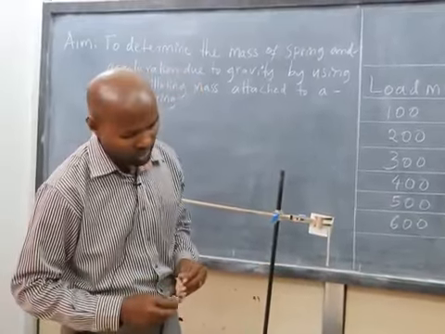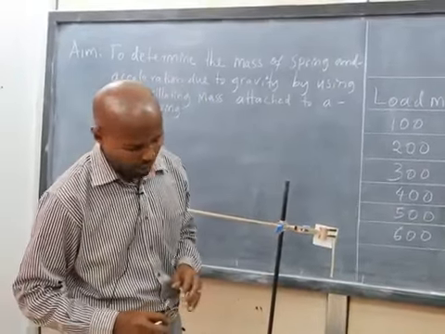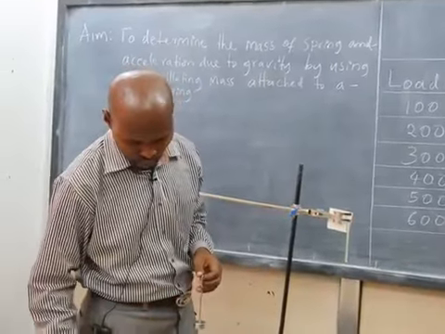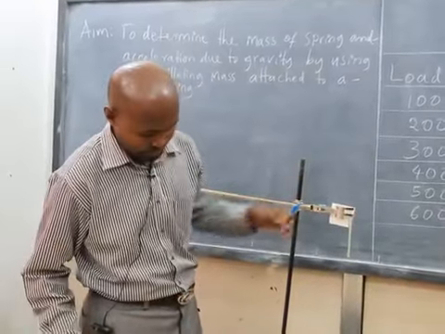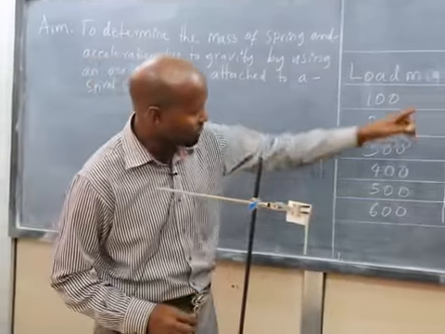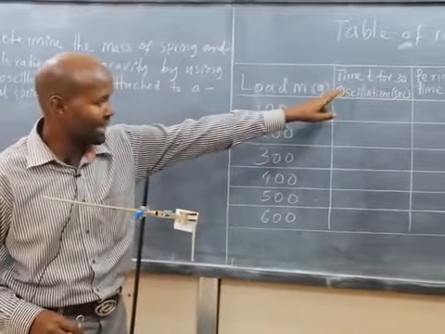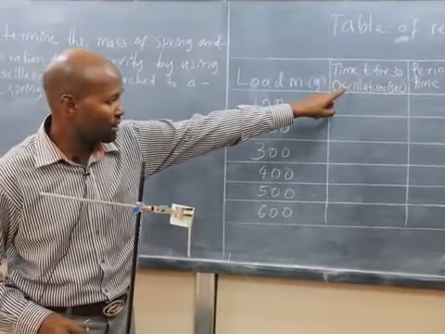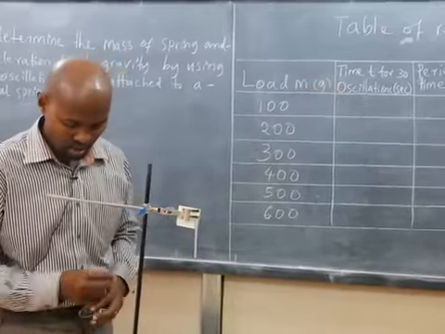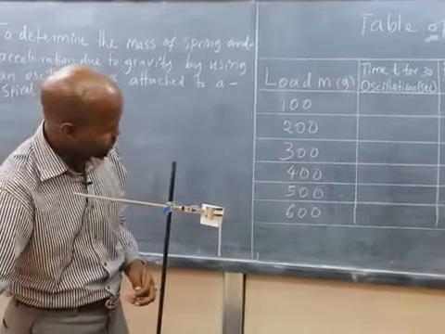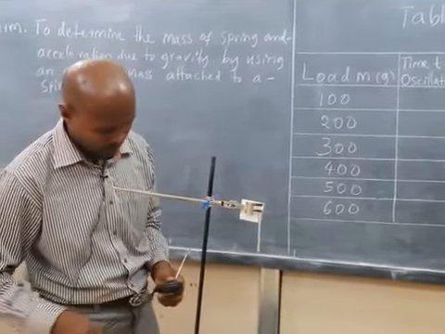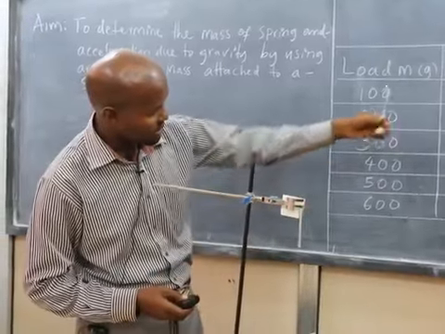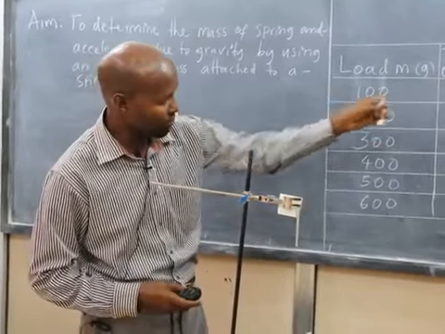According to the procedure in the question paper, we'll start with the 100 grams and record the time for 30 oscillations. We'll be using a stopwatch as usual.